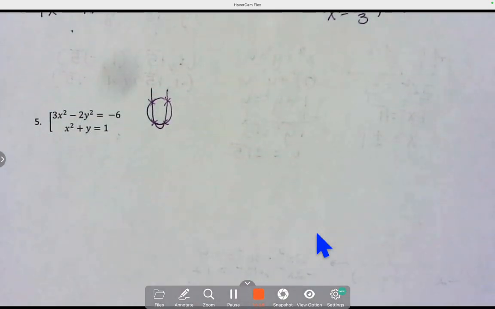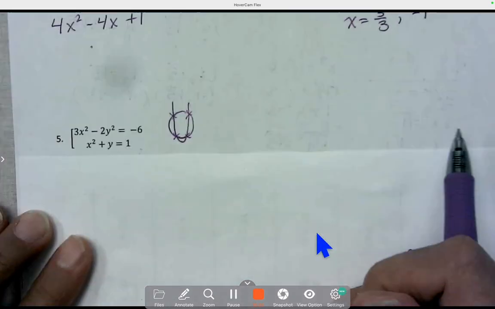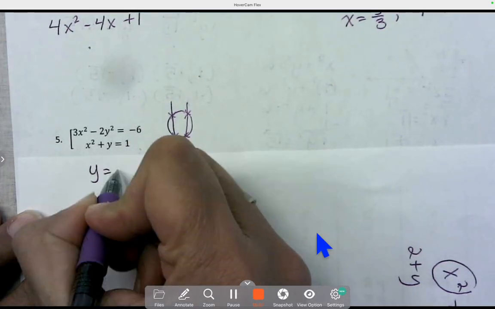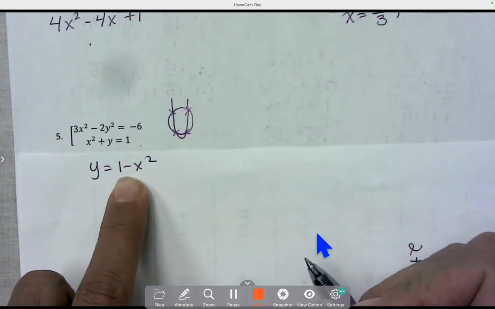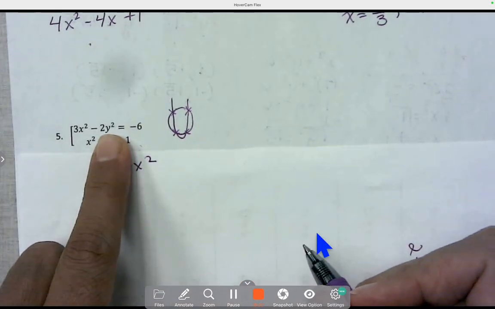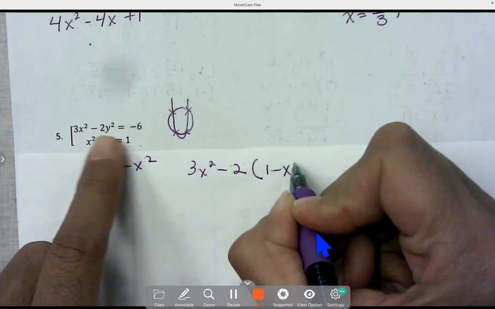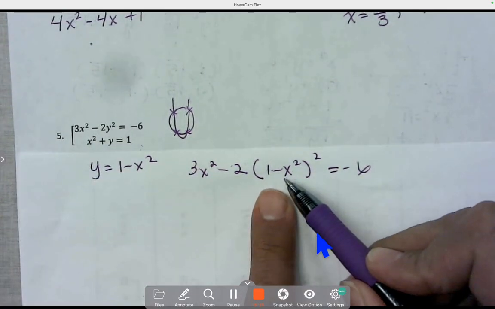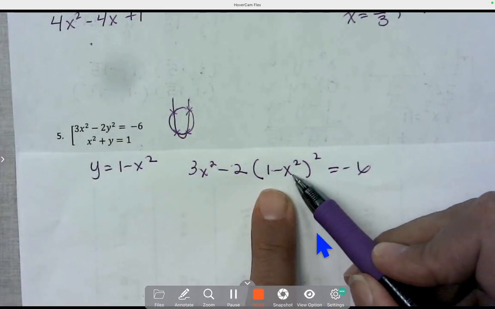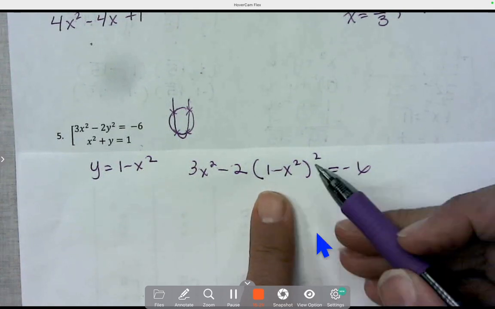So the thing is, and I want you to watch this right here. If I solve for y, don't write this down because I'm not going to solve for y to solve this equation, and I get 1 minus x squared, I would have to plug that in for y up here, which would give you something like, when you'd FOIL this out, you'd have x to the fourth, and then you'd have a higher polynomial.